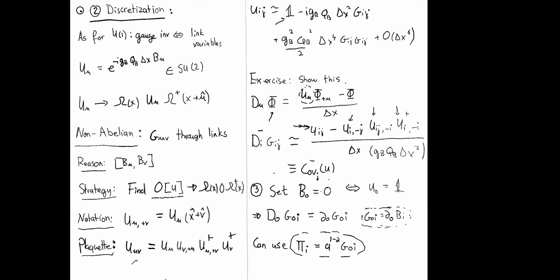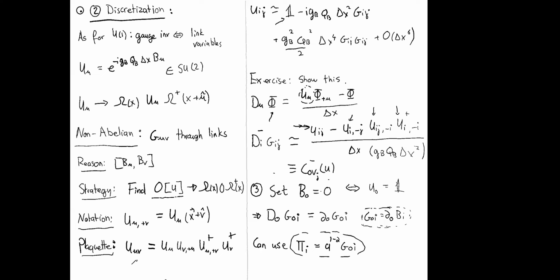Is that you just write explicitly, already in the continuum, what's the time derivative of the link. So you say, okay, I know that in the continuum this link variable is e to the minus i g_B q_B delta x B_i prime.